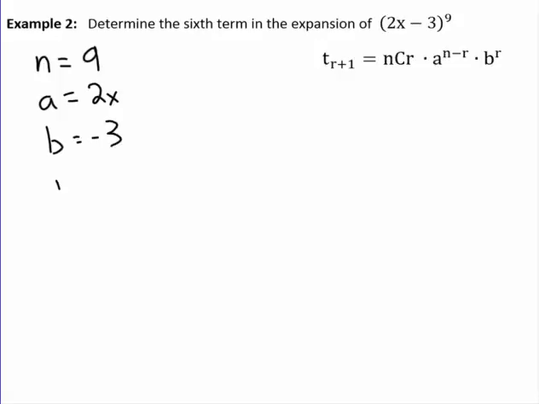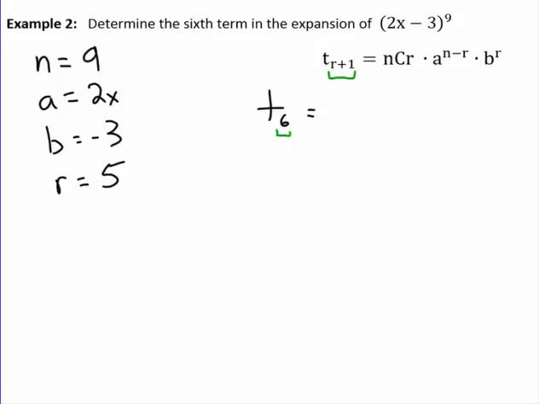And the r, well, this is where we have to be careful. We're trying to find the 6th term. But if we look at the equation, the number is r plus 1. 6 is equal to r plus 1. So our r value is actually a 5. So you just have to be careful of the term equation. R corresponds to 1 below the term you're trying to find.